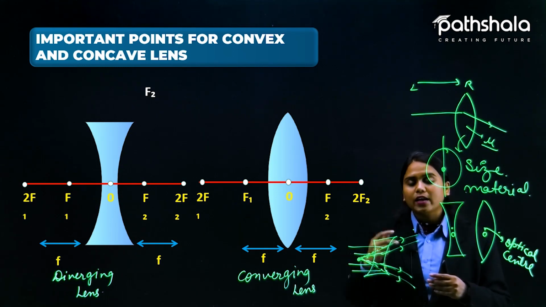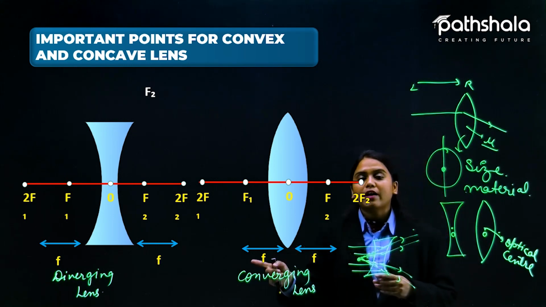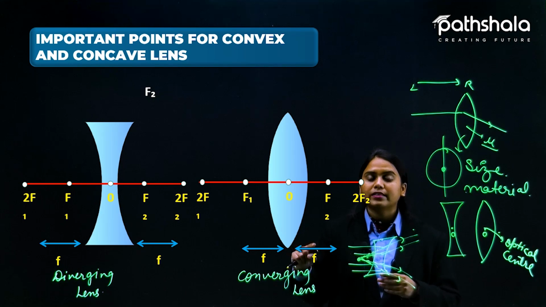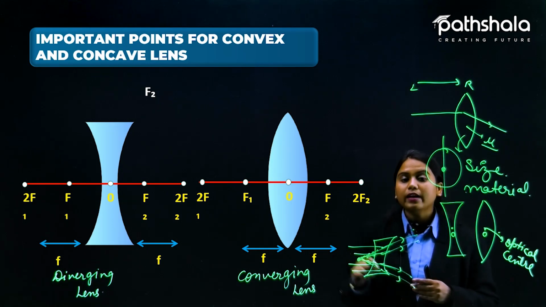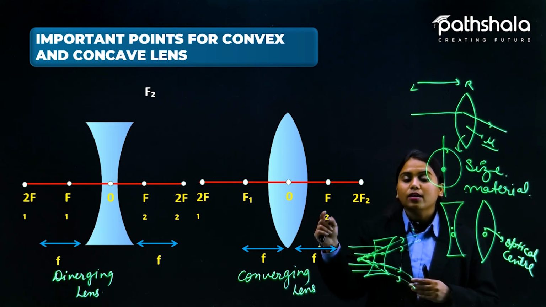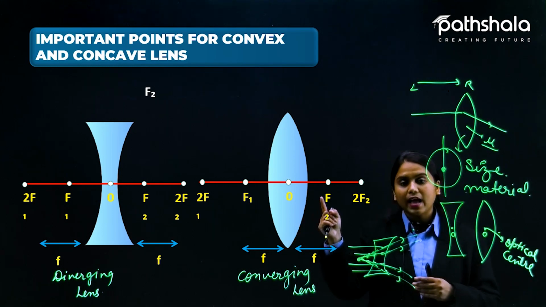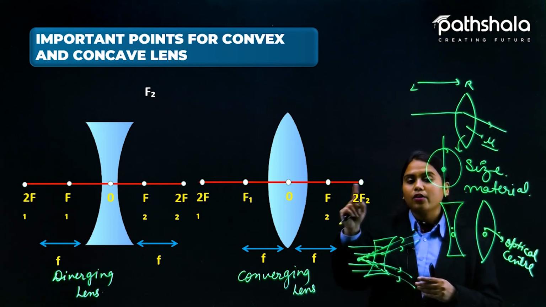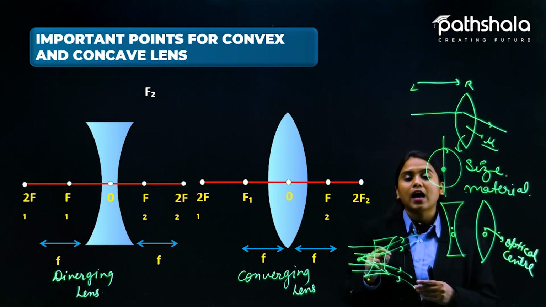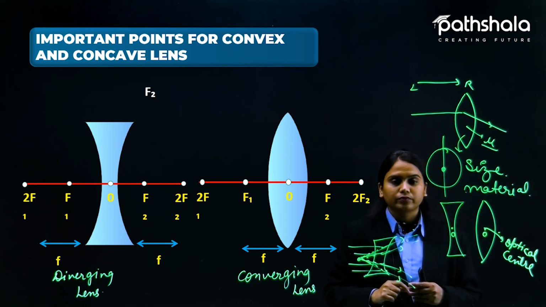So there was only one focus and one center of curvature, and here we have two different surfaces, so we take two different focuses and two different centers of curvature. Let me remind you once again that the length from the optical center to the focus is the focal length, and twice of it is the center of curvature or center of the spherical glass. But here we are writing it as 2F.